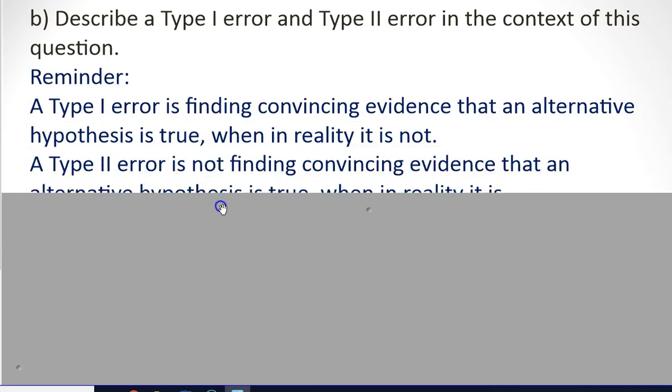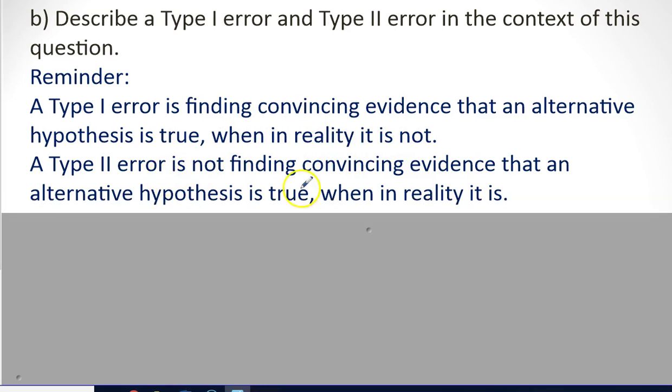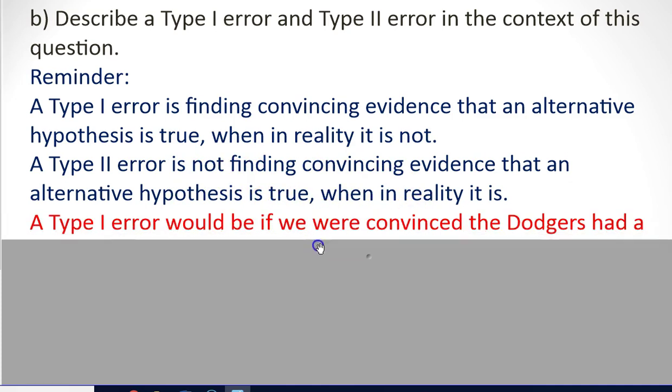So what would be a type 1 and type 2 error in this context? Okay, type 1 error, false positive. We find evidence, but really there isn't. Type 2 error is where we don't find the evidence that the alternative is true, but really it is true, right? So what would it be for the Dodgers?